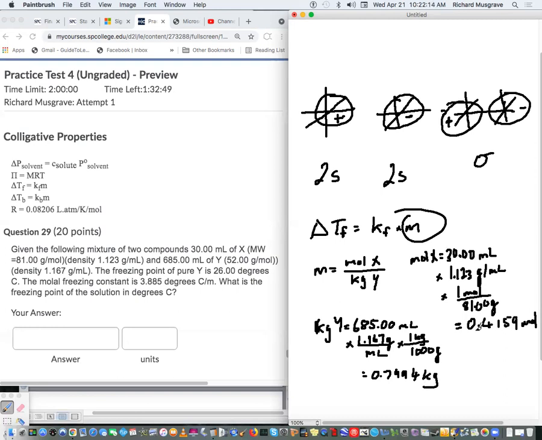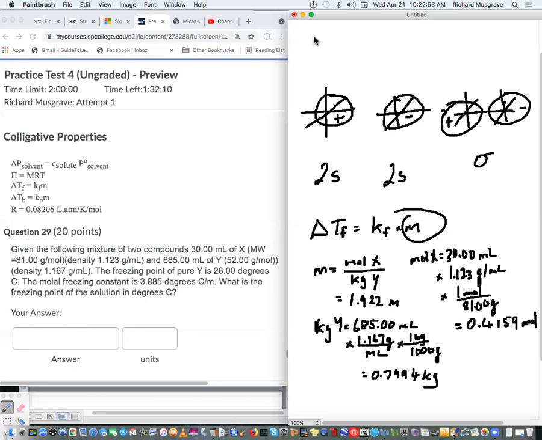Then it's a matter of taking the moles, dividing by the kilograms, and I get 1.922, and that'll be the unit, little m at the end there. Moles per kilogram will also work.